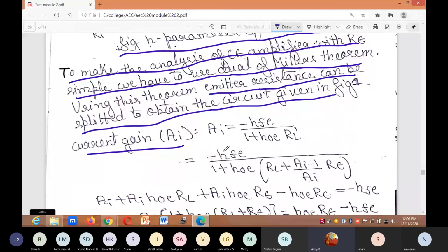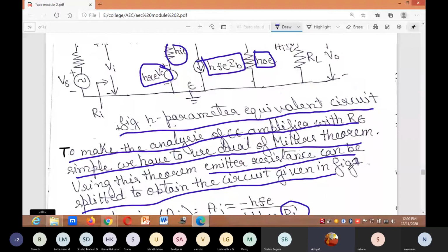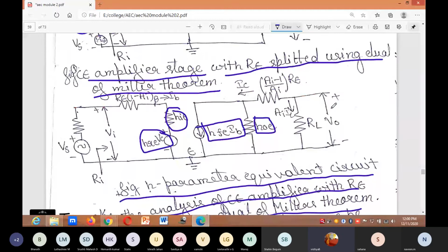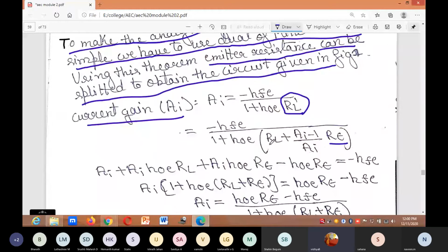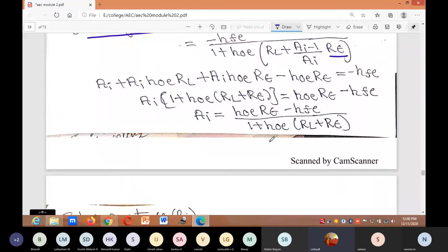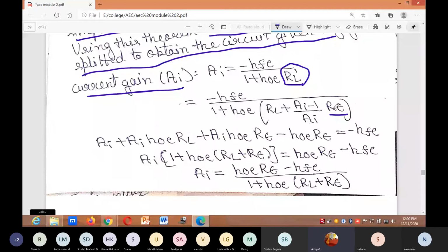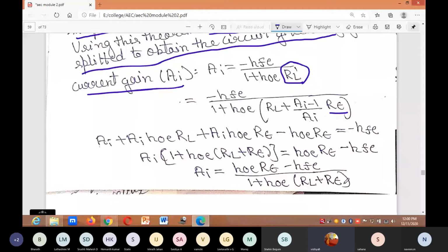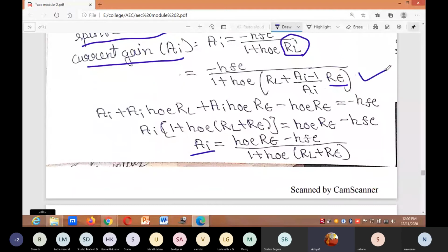RL dash can be written as RL plus (AI minus 1) divided by AI into RE, because here it is addition of these two resistances. If you solve this, you'll get AI is equal to (HOE into RE minus HFE) divided by 1 plus HOE open bracket RL plus RE close bracket. This is what you'll get if you solve this equation stepwise.